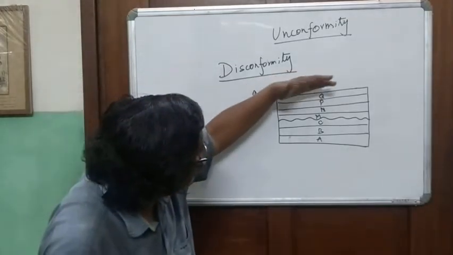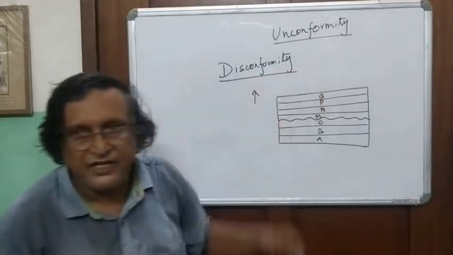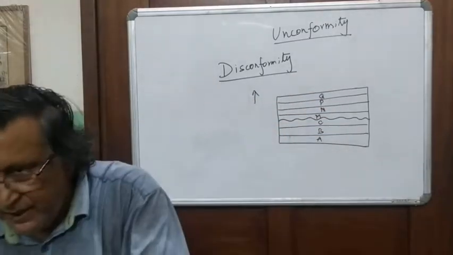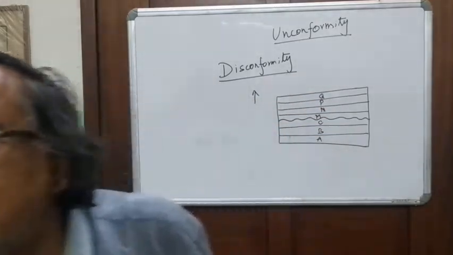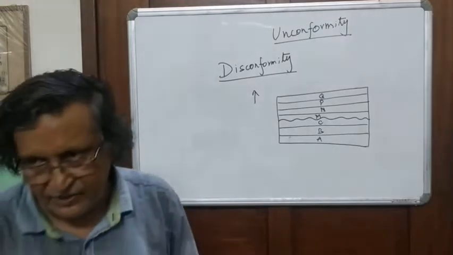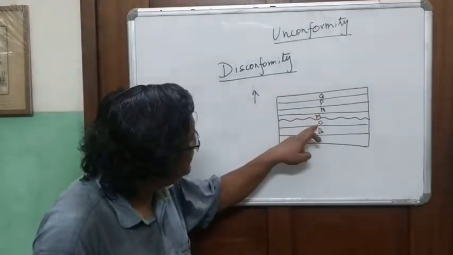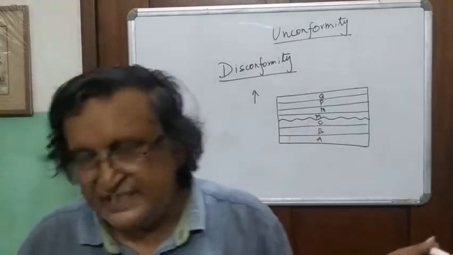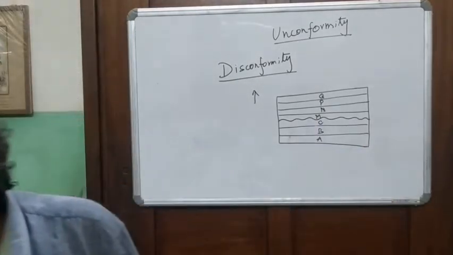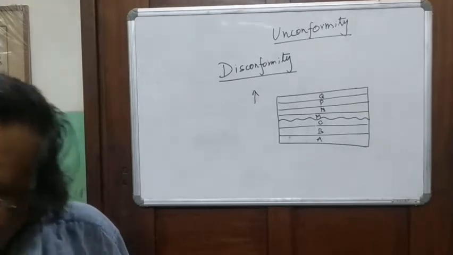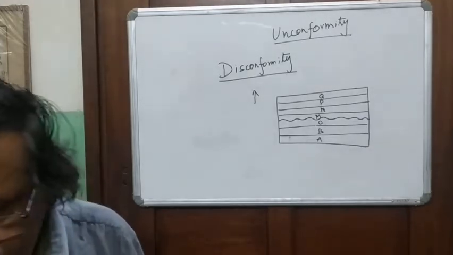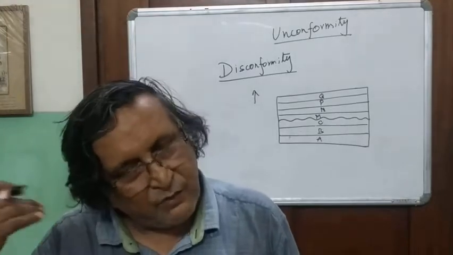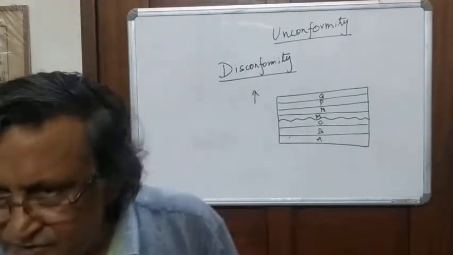And then again I see new sediments being deposited. So again the section was brought down below the water level to have a particular set of new sediments. But what happened between C and M is not known. That record is lost. Whether it was lost because of erosion, or because of non-deposition, I can't tell you.